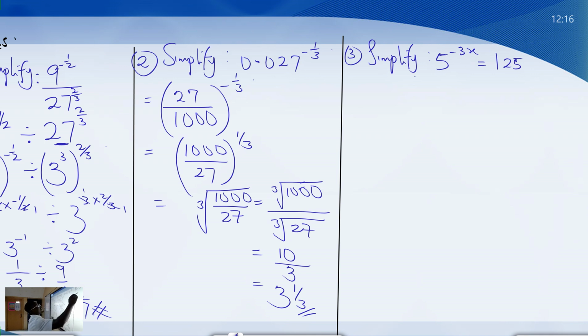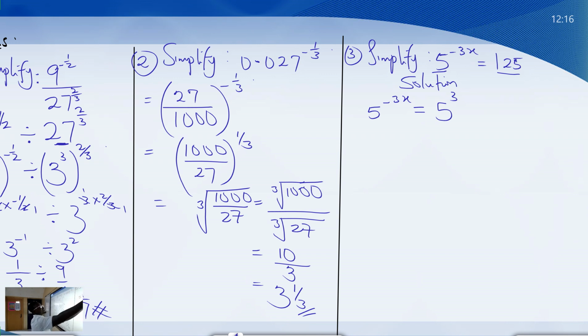For this now, we find a way to make sure that we have the same base on both sides of the equation. So 5 raised to power minus 3x will be what? 125 becomes 5 raised to power 3.